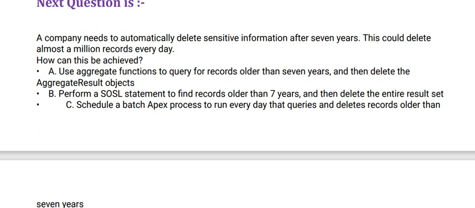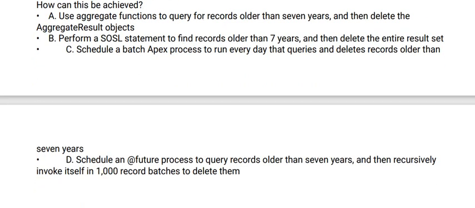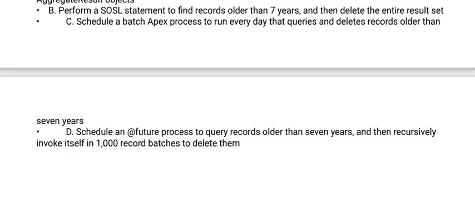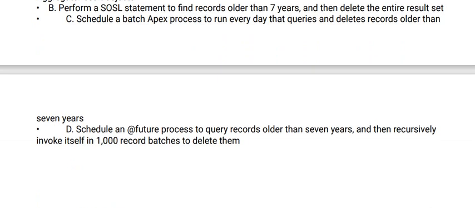Option C: Schedule a batch Apex process to run every day that queries and deletes records older than 7 years. And option D: Schedule an @future process to query records older than 7 years and then recursively invoke itself in 1000 record batches to delete them. The correct answer is option A.